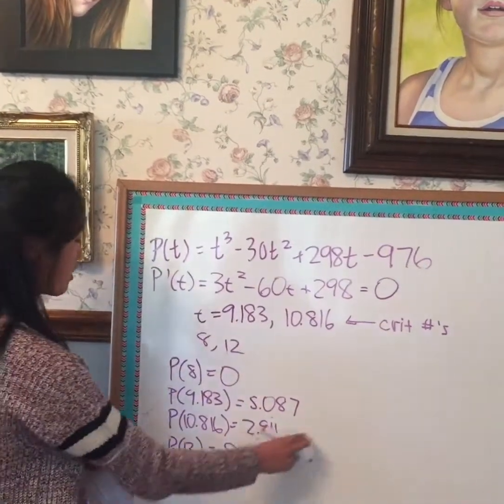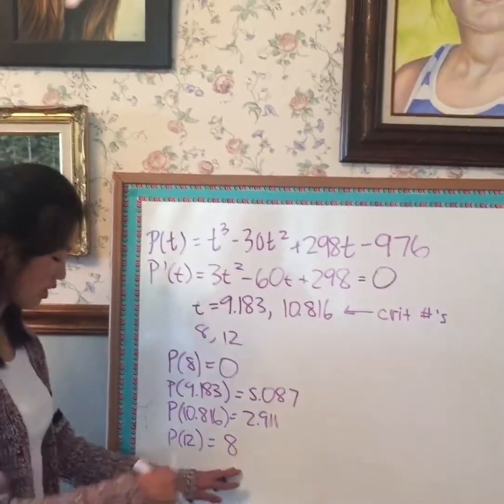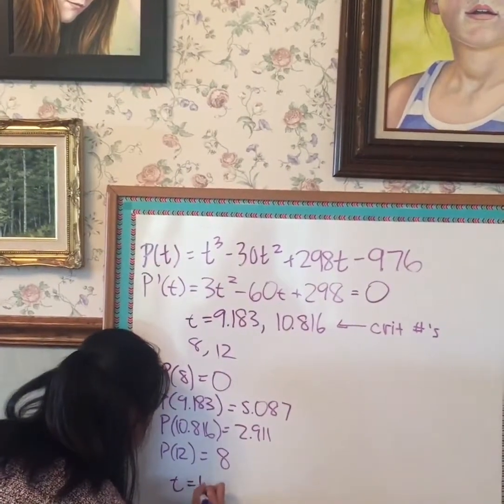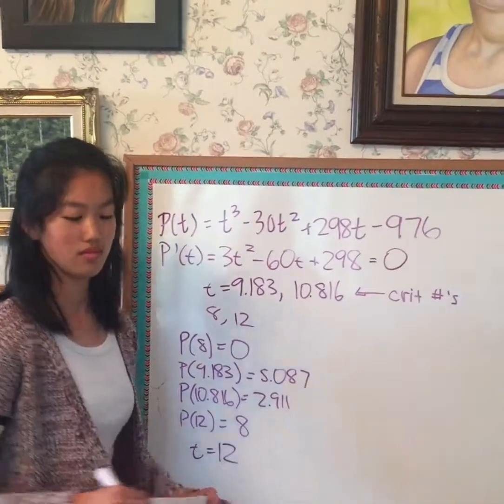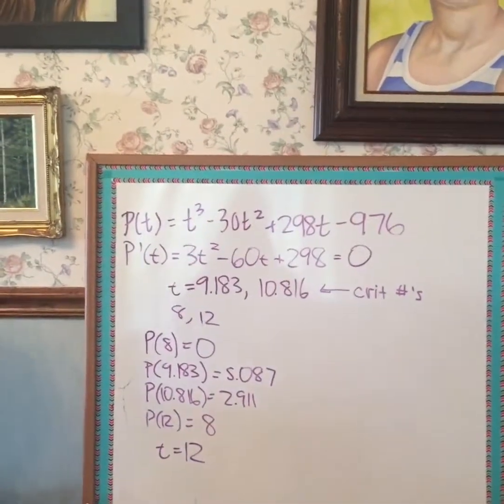So looking at these values, you notice that p of 12 is the highest because it's equal to 8. So then that means at time t is equal to 12, the entries are being processed most quickly. Mr. Calculus did the same thing.